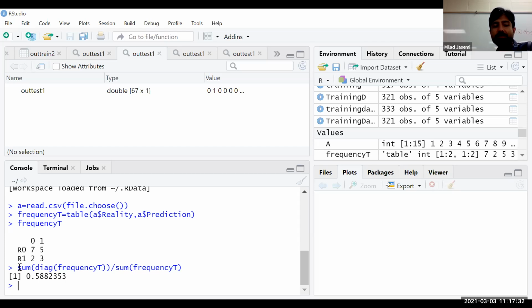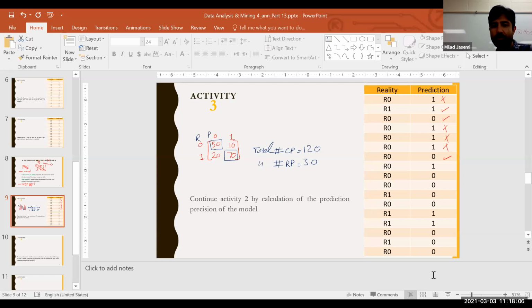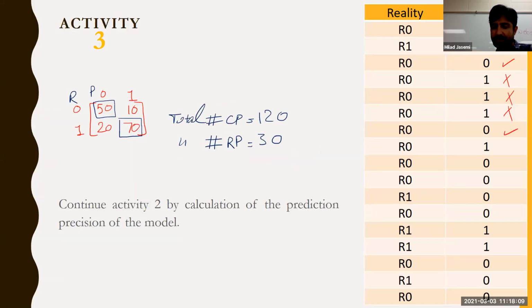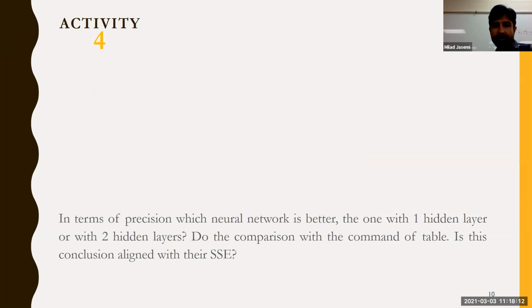This is the frequency table, and the summation of the diagonal means 7 plus 3, over the summation of all the elements that you see here, which equals the number of elements of the table. So in this way, you should be able to calculate the accuracy of any output for a neural network. And now we are going to do a thorough activity over that.